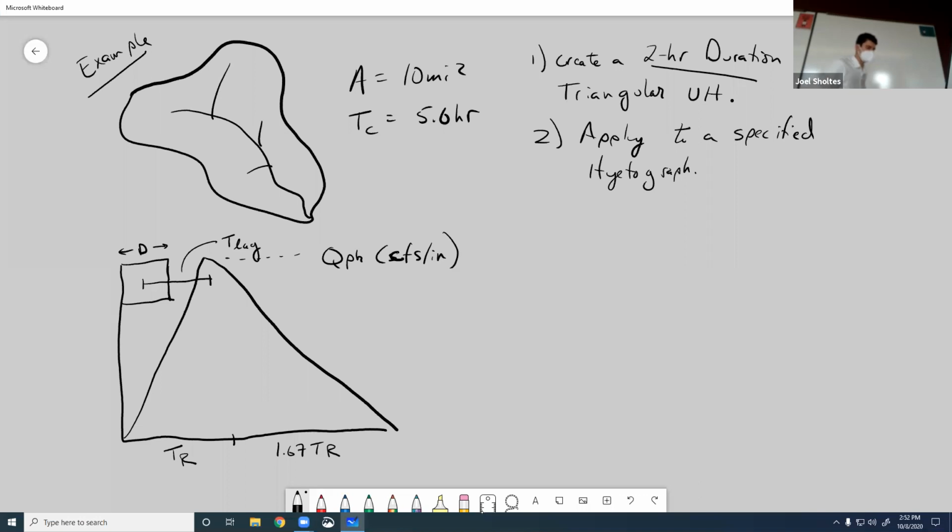All right, so let's take a minute or two to calculate peak discharge, time of rise, and then draw this thing out and actually give it some units, right?